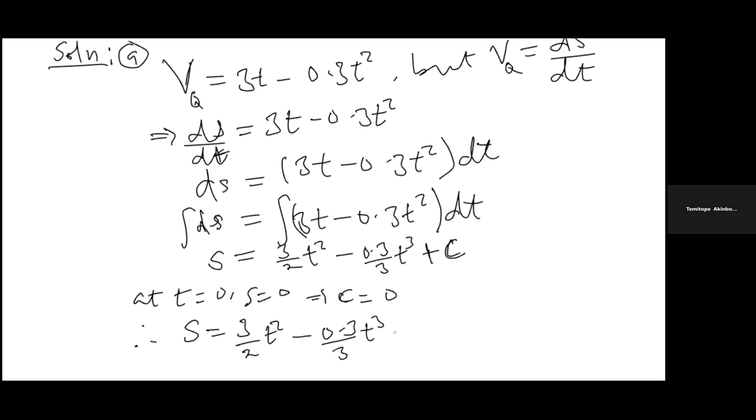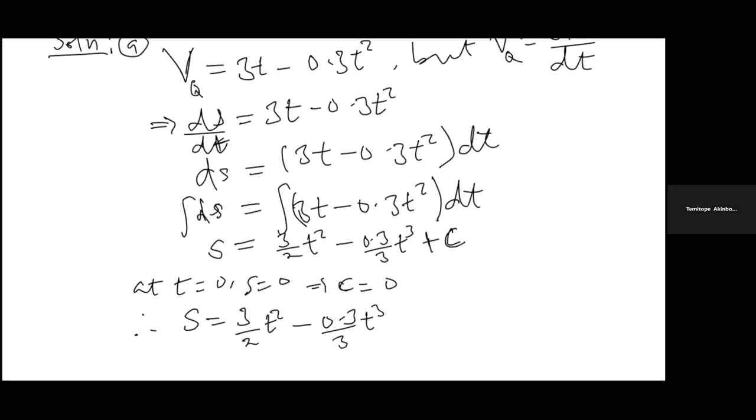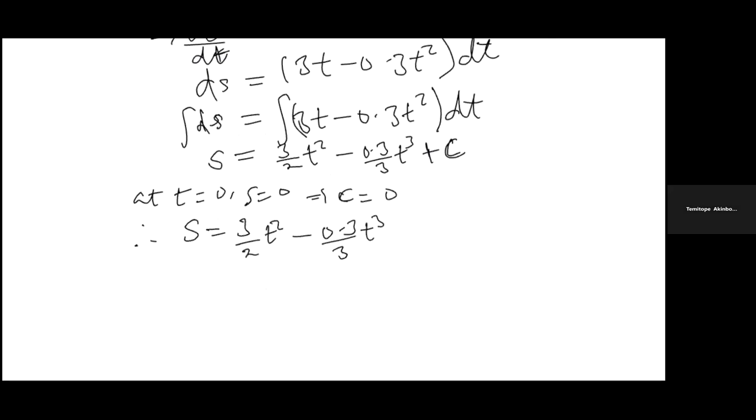So that's the displacement. Now, displacement equals area under the velocity-time graph.